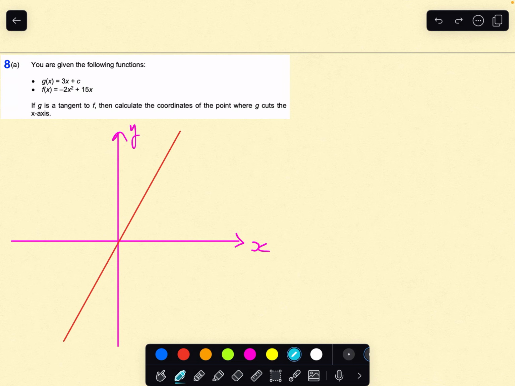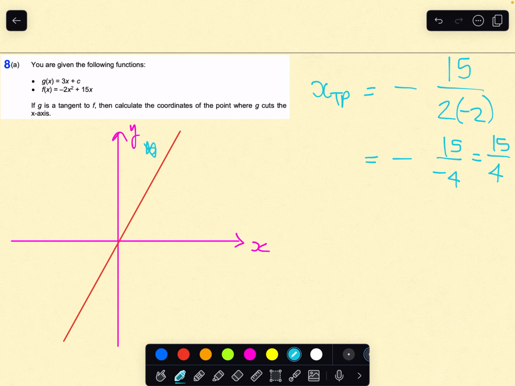So we end up with negative 15 over negative 4, which is positive 15 over 4. So our turning point, the x-coordinate is on the positive side. So it's the second of the options that I highlighted, so something like that. Okay, maybe let me just draw it on the side and then I'll move it to where I want it to be.